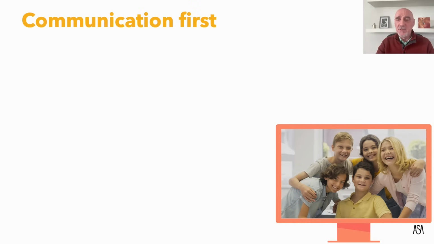Communication first. Obviously, these production activities are communicative activities and should be treated as such first and foremost. If we're at the stage where students have looked at the model, done their preparation, made their notes, and are now at the stage where they're going to produce their own written text or speak their own presentation or dialogue, then the emphasis at this point should be on communication and fluency and not on accuracy.